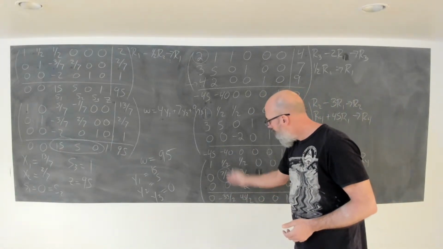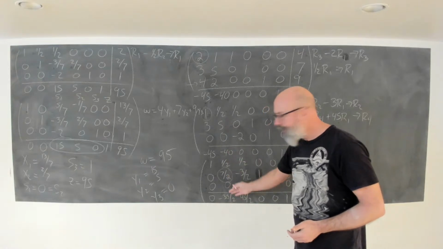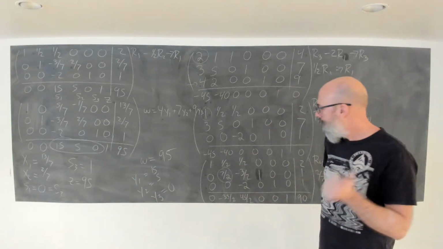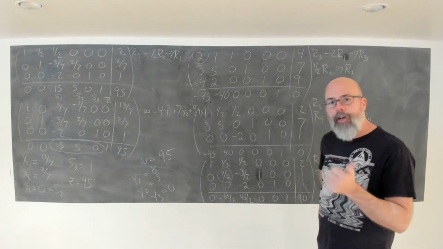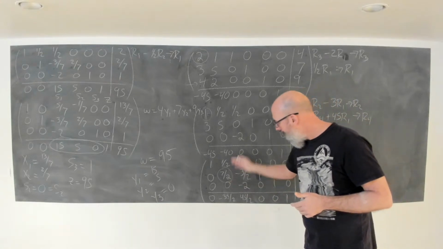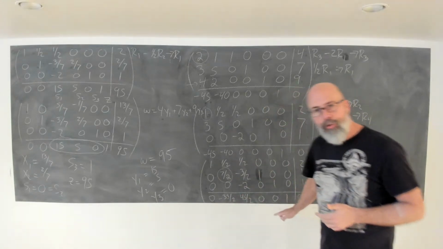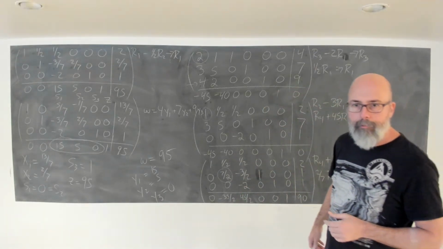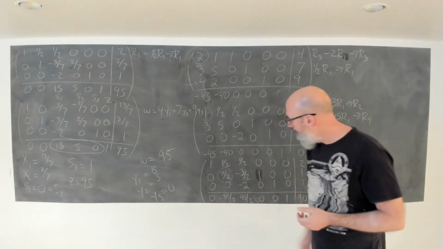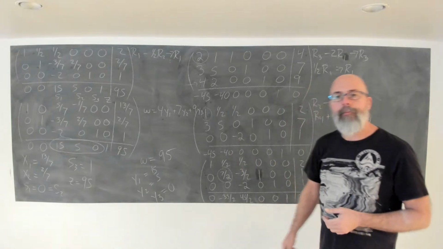Unless the numbers in this column were all zeros or negatives. As you know, the pivot cannot be zero or negative. So if this had been the case, then there would have been no solution to the problem. But it is not the case. We can choose a pivot. So we continue.